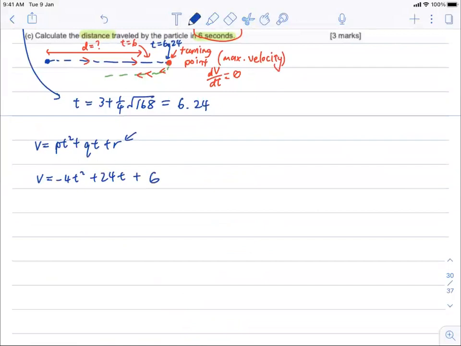To find displacement, remember S is the integral of V dt. Or from another side, you can also say that V is equal to ds/dt, where S is the displacement.